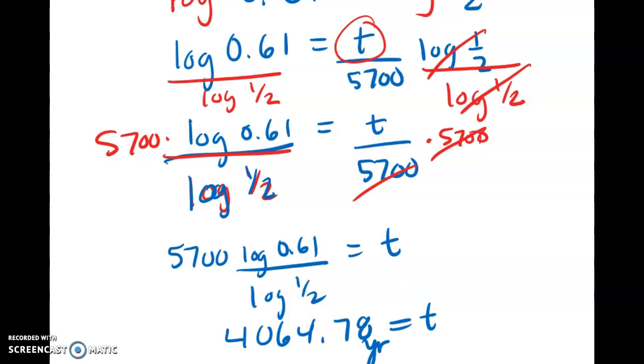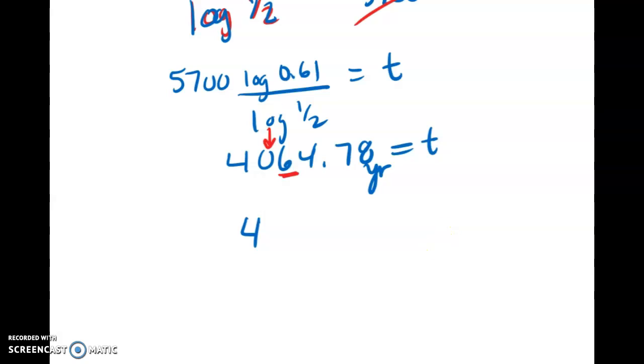Let me go back to my question and see how it wants me to input it. This is round to the nearest 100. It doesn't say hundredth, but 100. So where's the 100th place? That is here. Look one over, and that's a 6. So it would be 4,100 years.